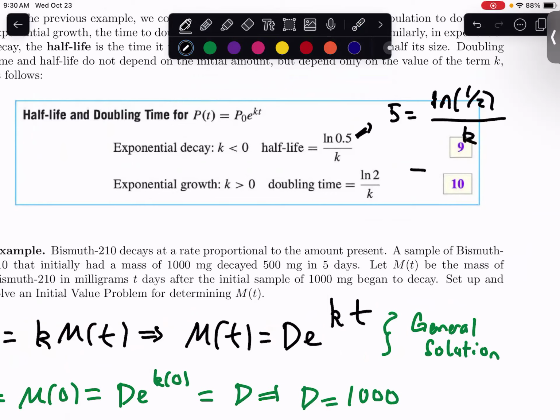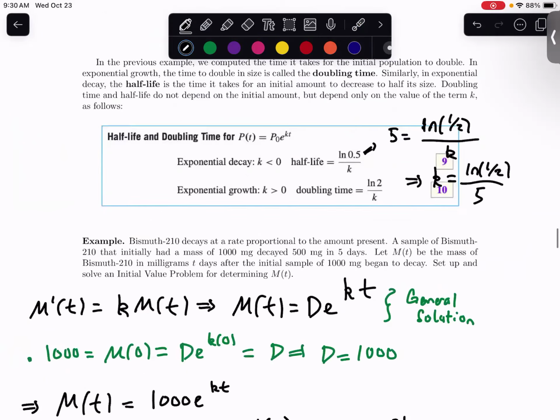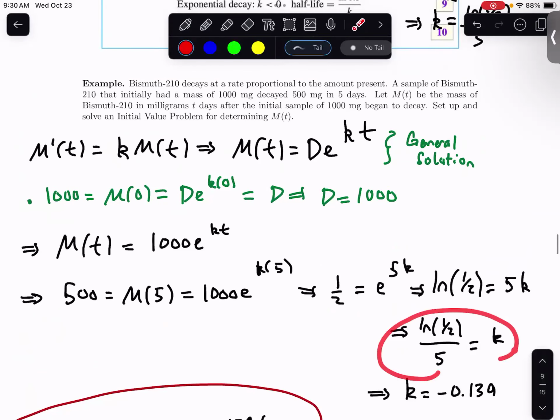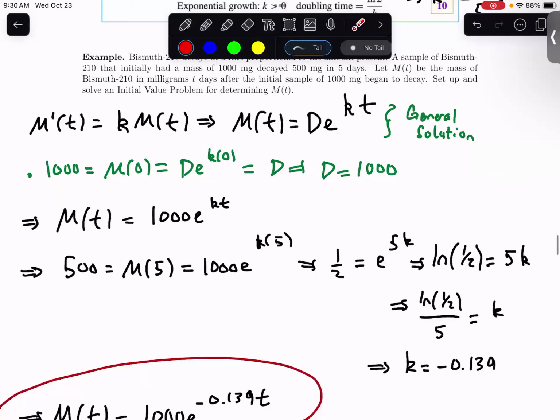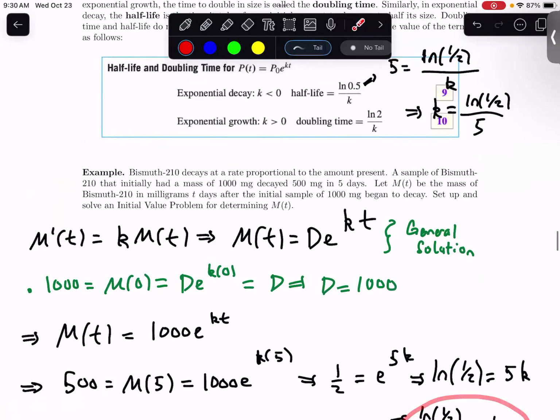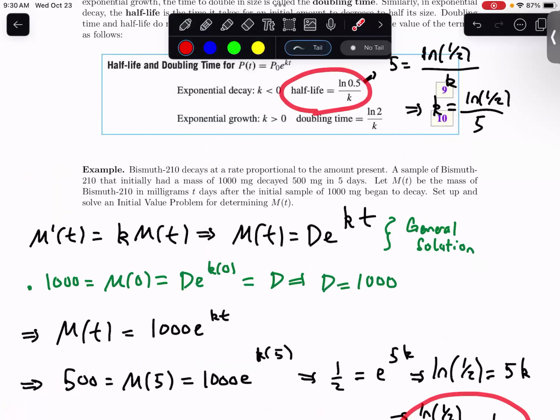If you solve for k, this would tell you that k is equal to the natural log of 1/2 over 5, which is exactly what we saw. So you can plug in 500 is equal to m of 5 and then solve for k, or you can just use the fact that we always have that the half-life is equal to the natural log of 1/2 over k and then solve for k.